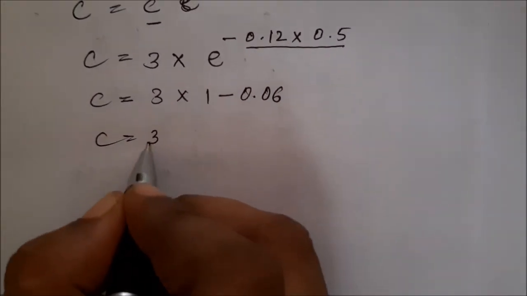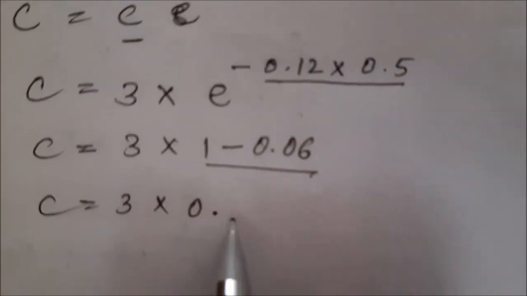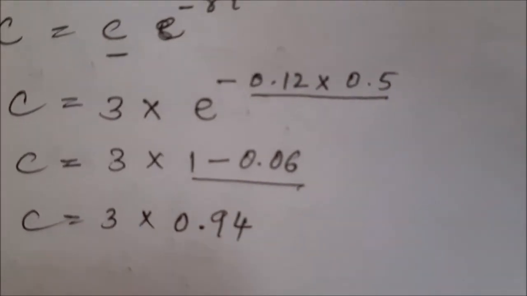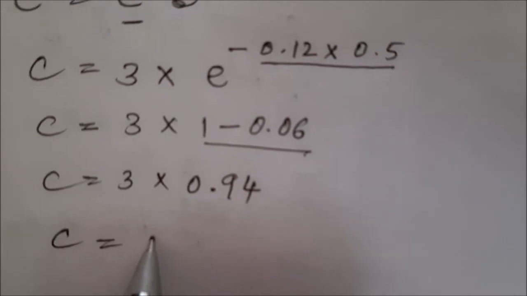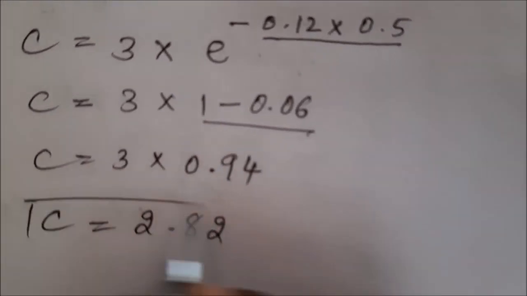C is equal to 3 into, deduct it from 1, we will get 0.94. 3 into 0.94, we will get 2.82. This is the cost of carrying.